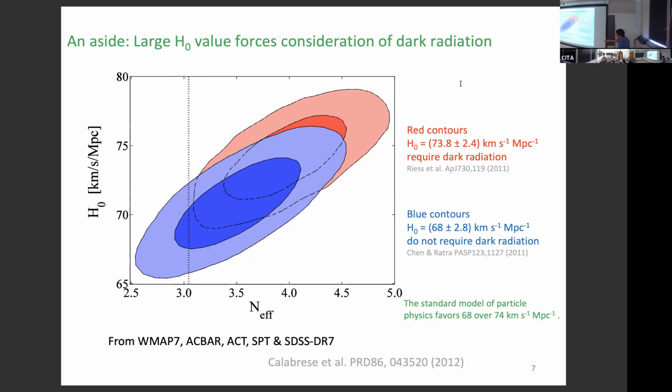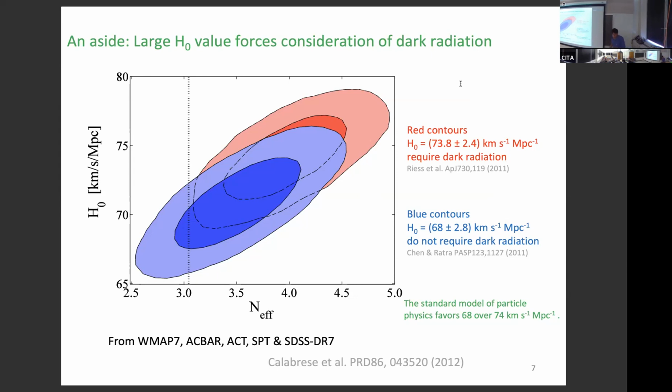The median statistics value is completely consistent with what you'd expect in the standard model of particle physics, a little bit more than 3, so 3.045 or so, while this larger value is about 2 sigma away. So it's interesting that the standard model of particle physics can distinguish between these two values.